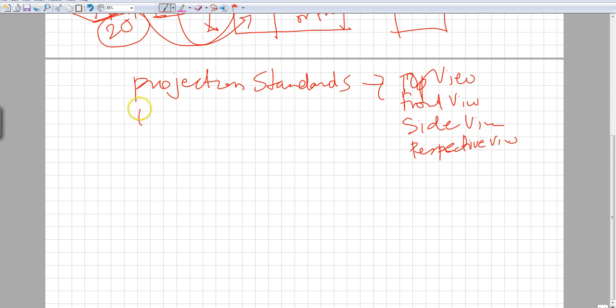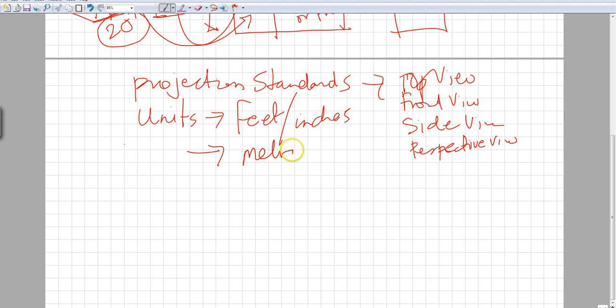Then the next one would be units. Units are so important. Here in the United States, we use feet and inches, right? And the rest of the world pretty much uses what? Metric, which is millimeters and centimeters.